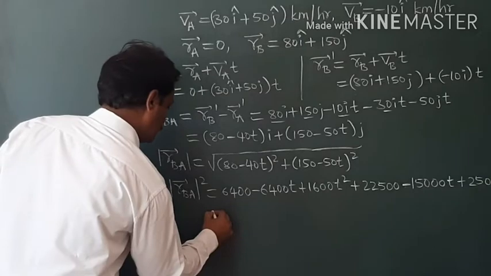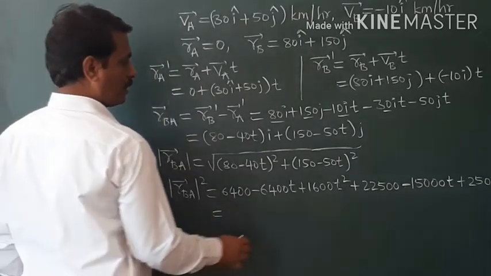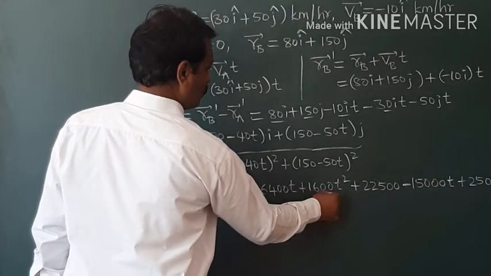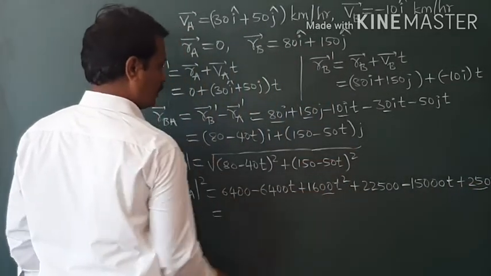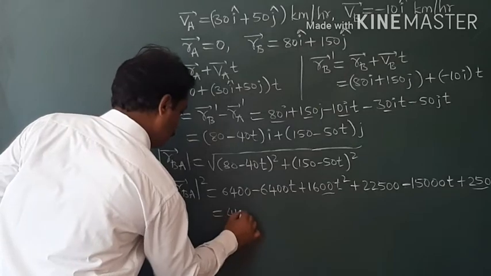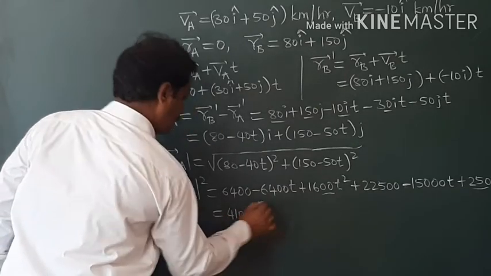Now simplify this. First I will write the t square term: 2,500 plus 1,600, that is 4,100 t square.